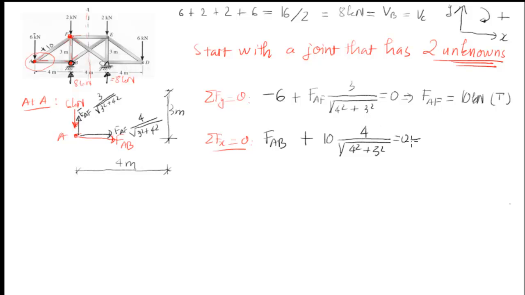Therefore you solve for FAB equal to -8 kilonewton, because negative means compression. So FAB is -8. All right, done for joint A. By taking joint A, we got AB, which is -8, and AF, which is 10 in tension.